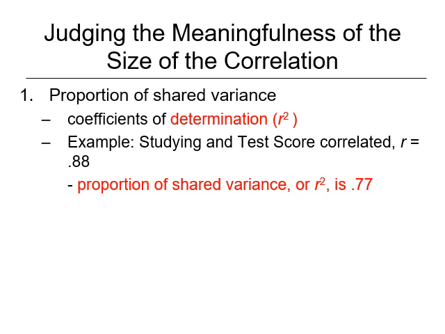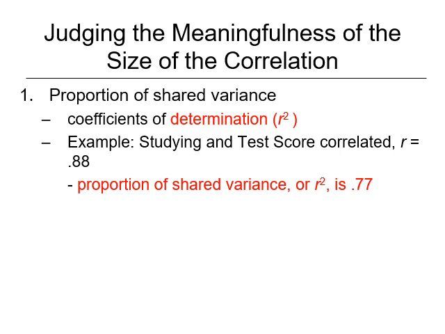In other words, r is not exactly a measure of percentage of shared variance, except at the very extremes, no correlation or absolute correlation. Everywhere else, it actually tends to be a slight overestimation of the actual relationship. And that's why we need to actually calculate r squared. So though r was 0.88, that didn't mean that it explained 88% of variance. It actually explains about 77% of variance.